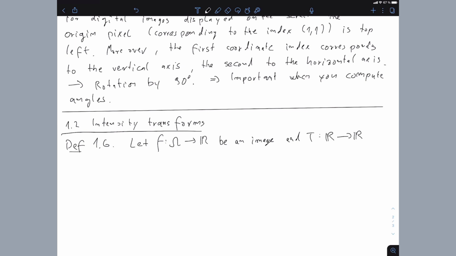That's a mapping from R to R, so it can map one gray value to another. We call this an intensity transformation. And T composed with f means that at every point in omega, I look at T of f of x instead of f of x. This is called the intensity transformed image.